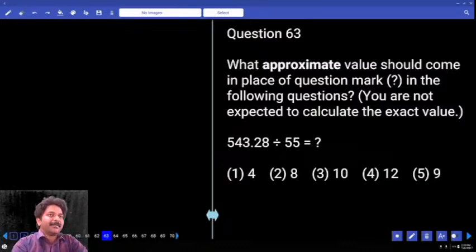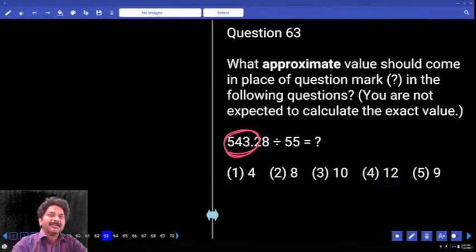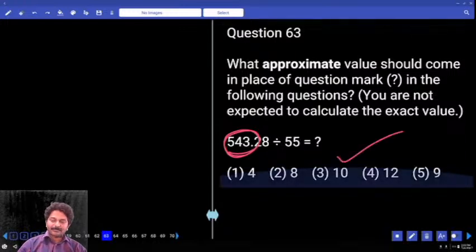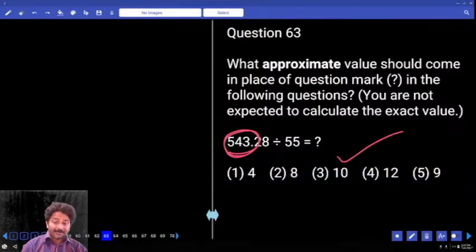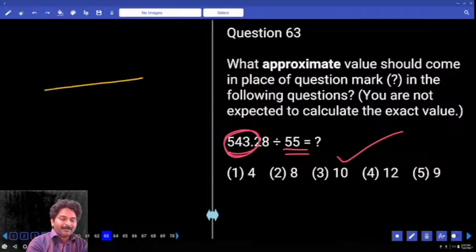What is 10 times of the denominator? 550. Numerator is a little bit less than that number. So answer must be either 10 or a little bit less than that number. It cannot be 9 because 55 9 times is about 500 only. 10 times of denominator is 550, but here you have 543.